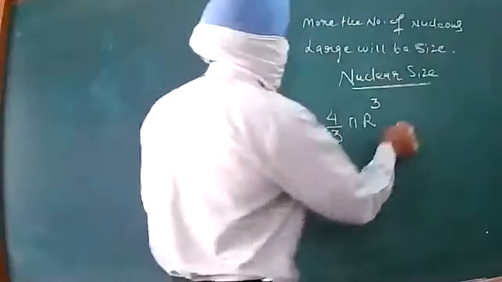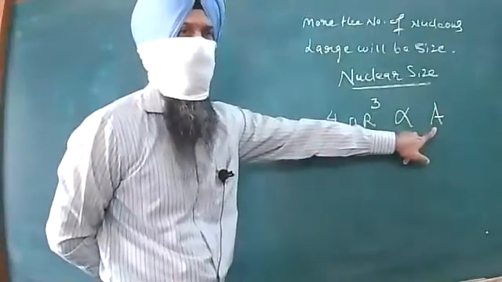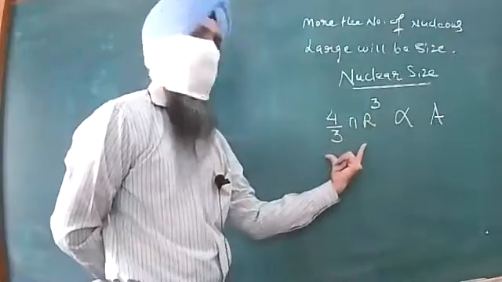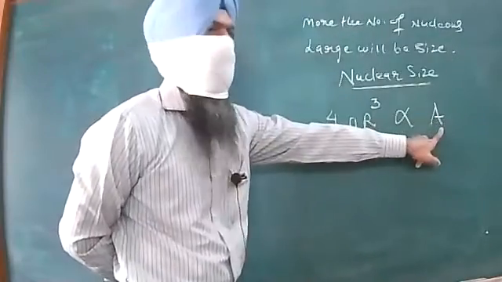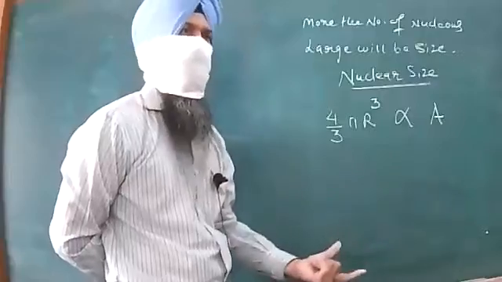So this volume is directly dependent upon the number of constituent particles, that is nucleons. Higher A, higher will be the volume. Lower the value of A, that is lesser the number of nucleons, lesser will be the volume.